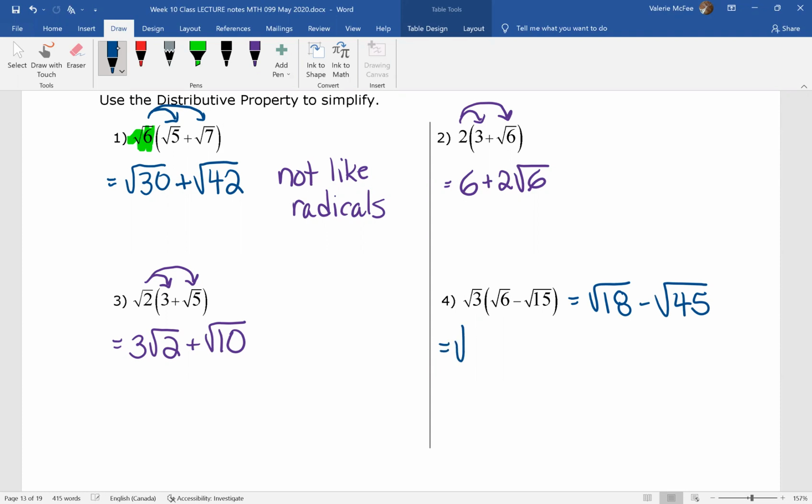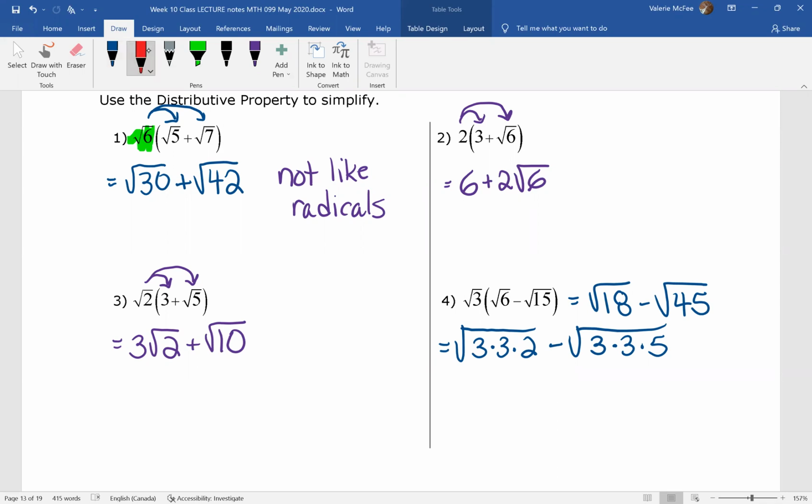Root 3 times root 6, well, 3 is just 3, and 6, that's 3 times 2, minus root 3, there's my 3, 15, 3 times 5. So you could multiply them and get 18 and 45 and then prime factor, or you can just go ahead and prime factor. I'll leave that up to you, whatever you find easiest.